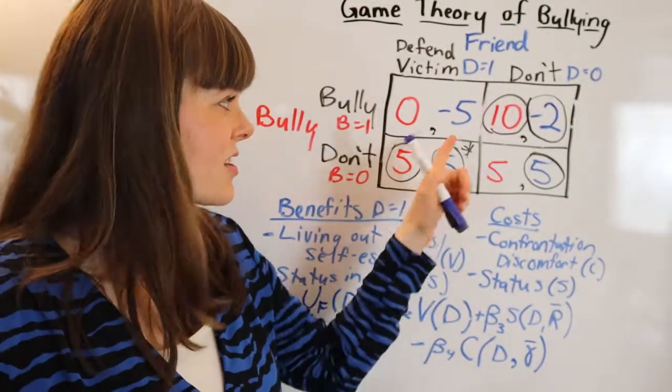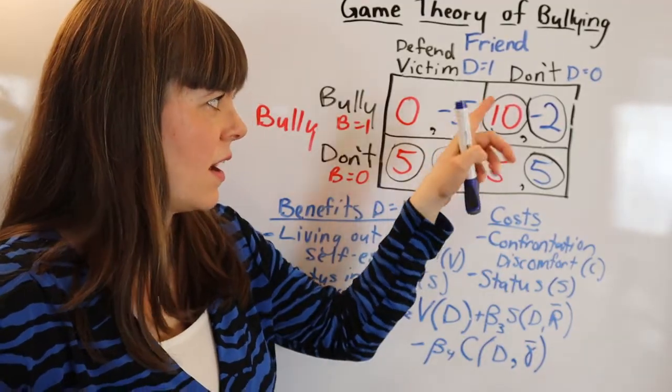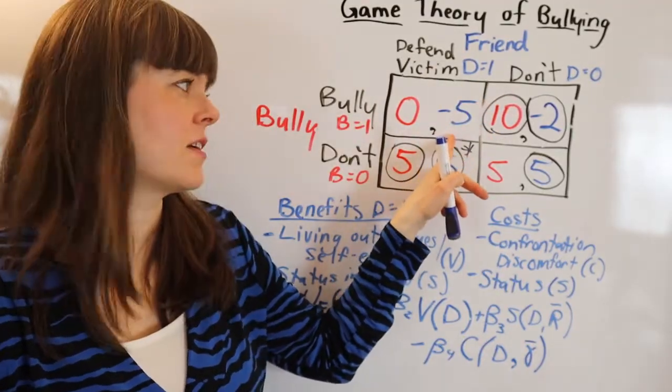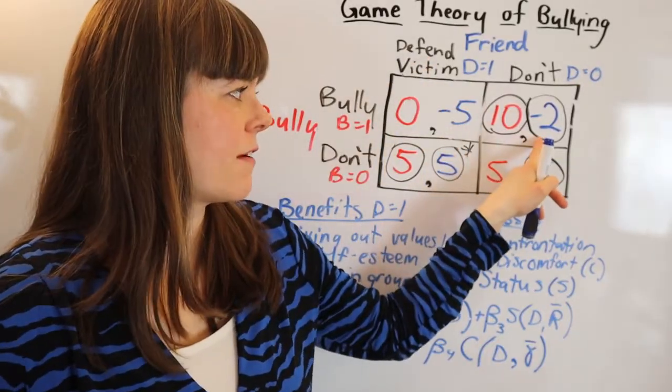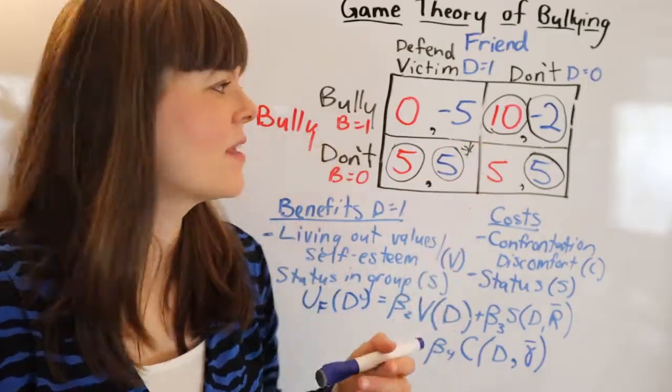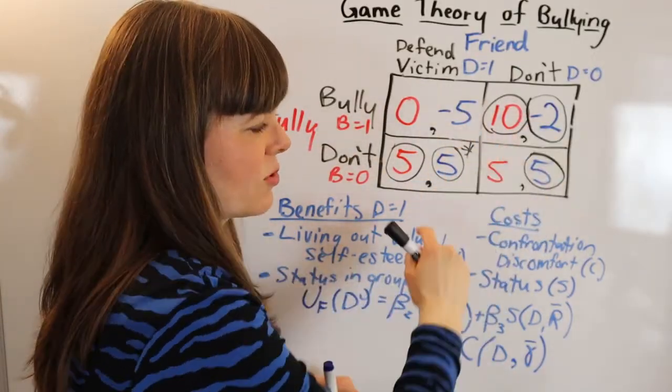Okay, in this case, I actually only changed one payoff in the table. That was this one. This person gets worse negative utility from trying to defend the victim than from not defending them. So by changing this one payoff, we now have two Nash equilibriums.